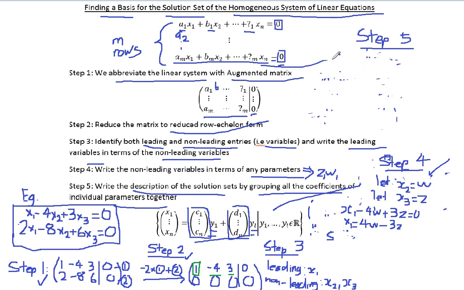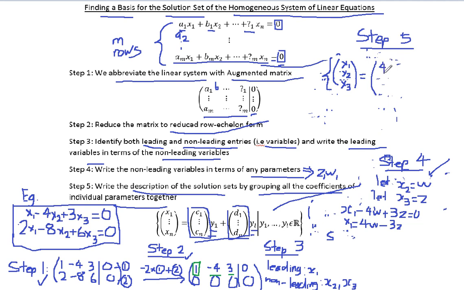So therefore, x1, x2, x3 equals to, so my x1 is 4w minus 3z.